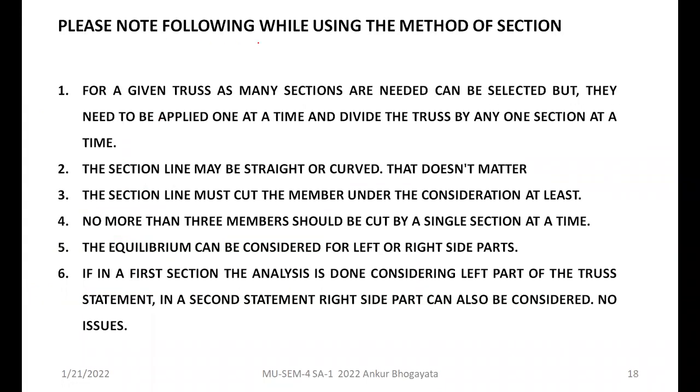So please note the following while using the method of sections. Anyhow, I'm going to distribute this material to you also, so you don't need to write anything, but let's go through it quickly. For a given truss, as many sections as needed can be selected, but they need to be applied one at a time, dividing the truss by any one section at a time. This is very important.